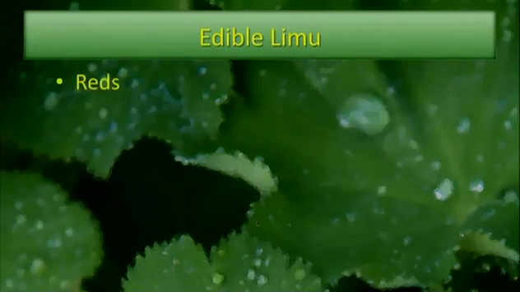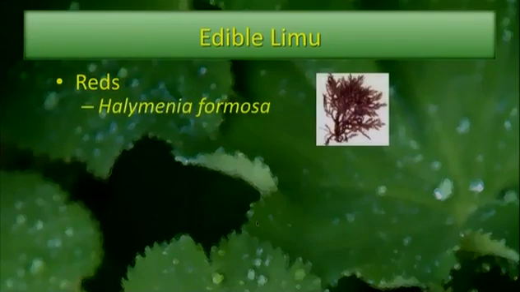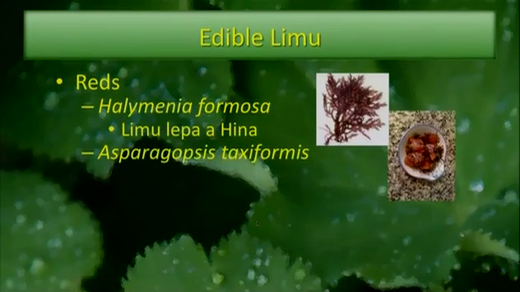And then we have some reds, like Halymenia formosa, also known as limu lepe ahina. Red algae is obviously good to eat. A favorite is Asparagopsis taxiformis. Here you see it with some fish in poke. That's a very famous limu kohu, a very desirable alga.